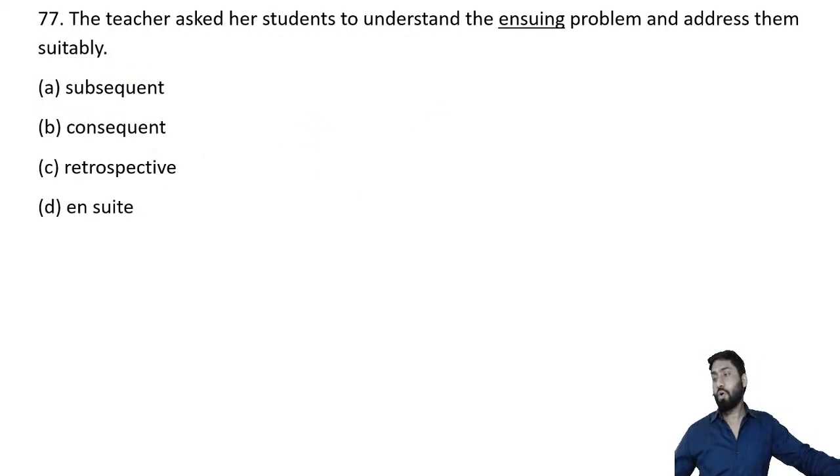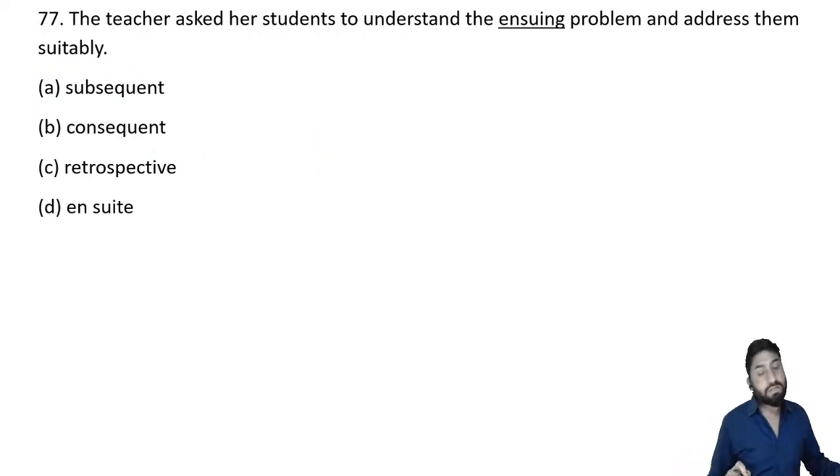So that's the opposite. Next, the teacher asked her students to understand the ensuing problem, following problem, coming problem, ongoing problem, and address them suitably, right? So ensuing को बाकी options सारे मुझे जहां तक लगता है must be correctly typed. Let's check again.